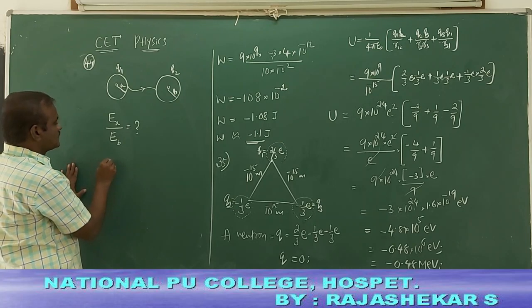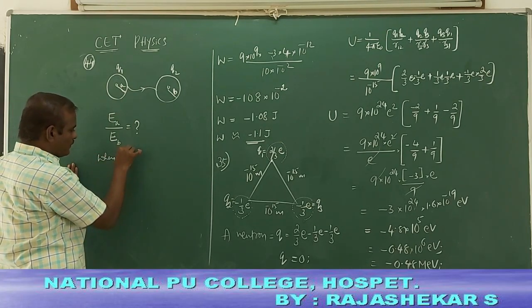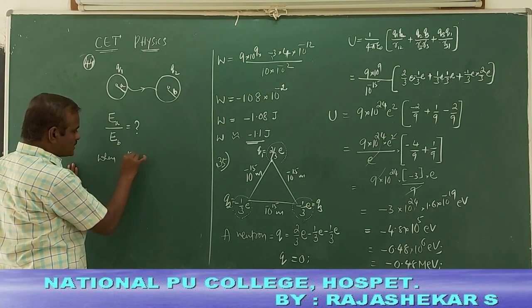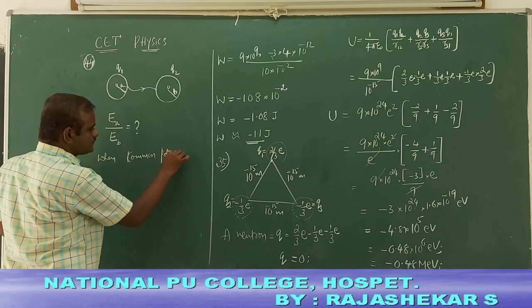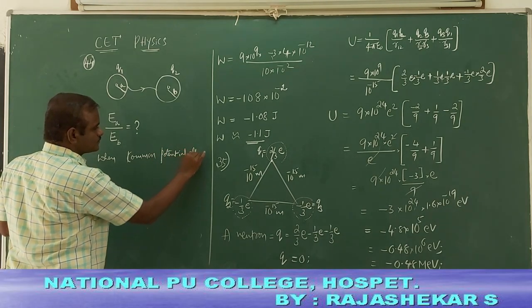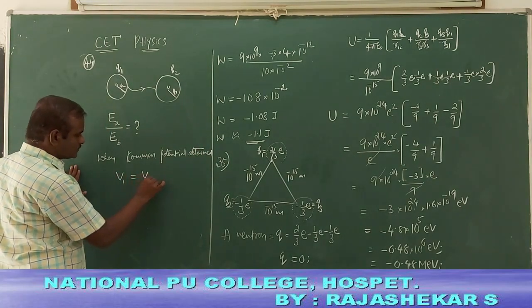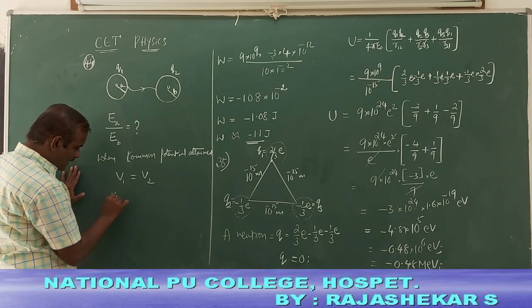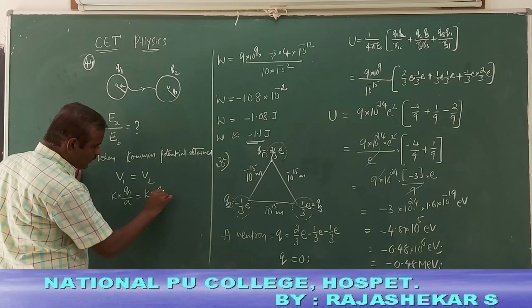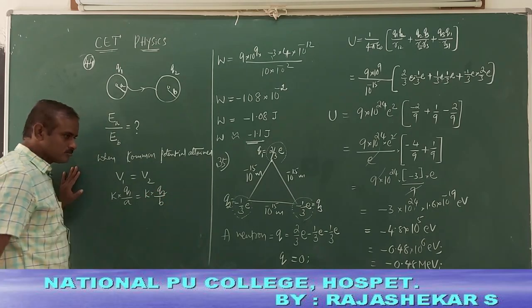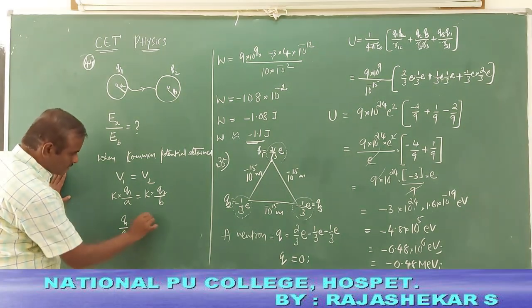Then we can write, when common potential is attained, you will find V1 is equal to V2. This is K into Q1 by A is equal to K into Q2 by B. Q1 by Q2 is equal to A by B.